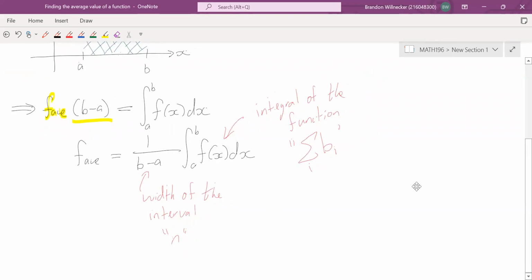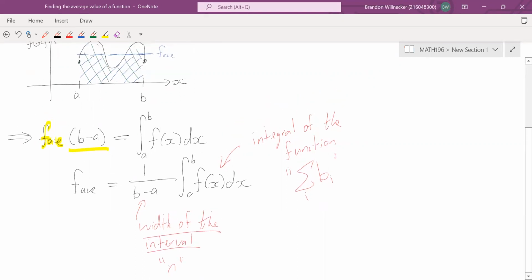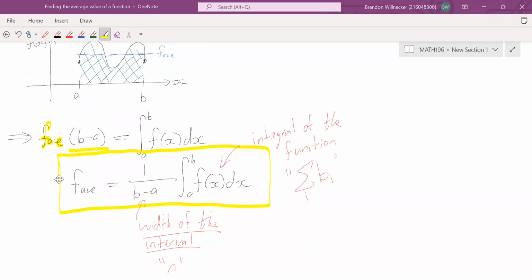Okay, so it's a very similar formula to what we had, but since the function is continuous, the sum needs to be replaced with an integral, and the number of terms is replaced with the width of the interval. Okay, so if you make those two replacements, we get the average value formula over here. Are there any questions about this?